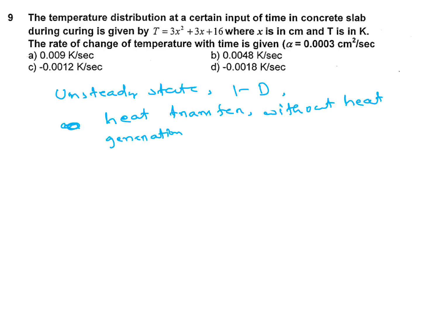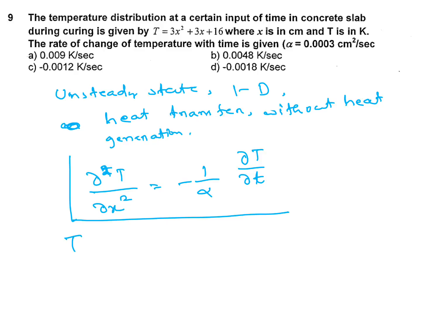Your formula is del square T by del x square, because one dimensional, equal to 1 by alpha, thermal diffusivity, del T by del small t, t is for time. Here that again, this is the formula.